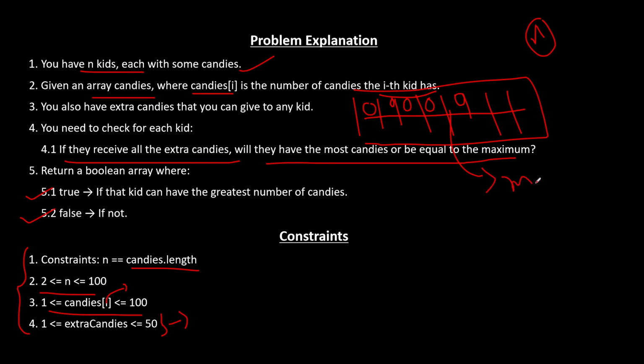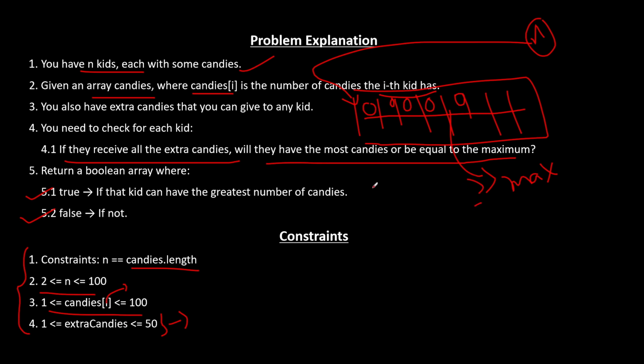Suppose Max, he or she has the maximum candies. Now the question is, if we add this extra candy x to each and every kid's candy, does it max out to greater than max or equal to max?